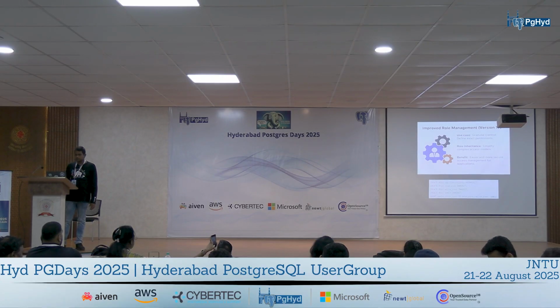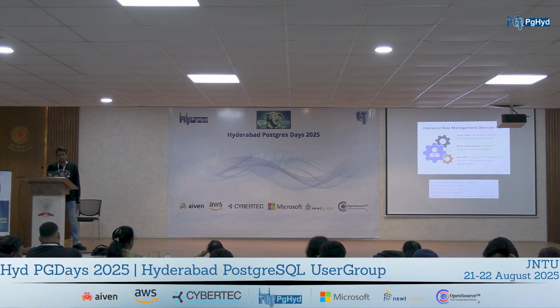Okay, so this is pretty much basic. Whenever any user has more permissions, suppose in this case we have a read user, a write user, and the admin. I have assigned the application user to all these users so that they can get inherited permissions from the parent user.